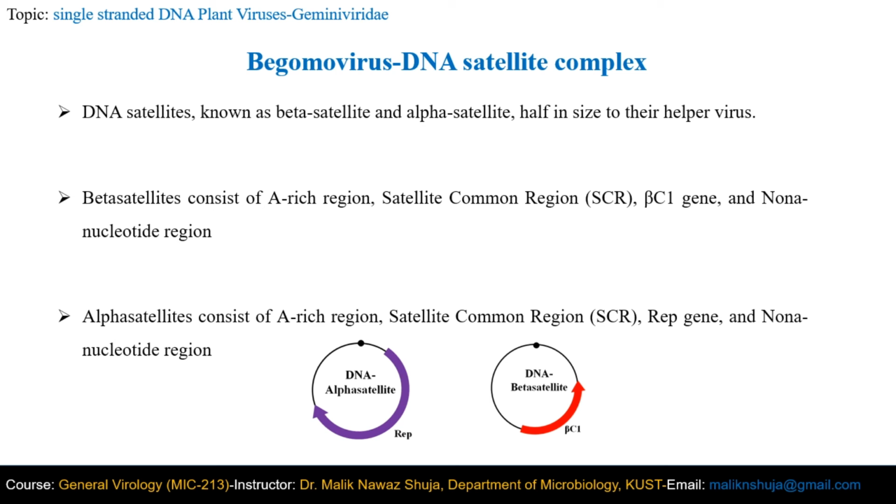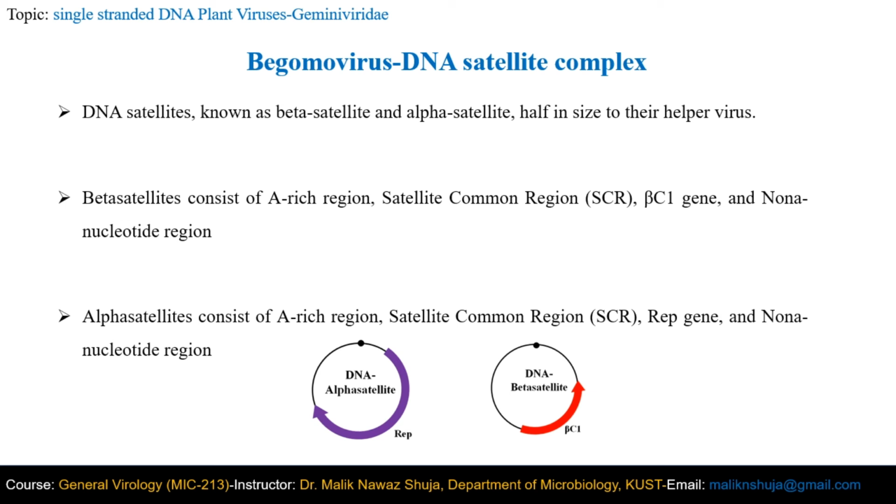If we are talking about the size of the satellites, the Begomovirus-associated satellites are mostly 1.2 to 1.4 kb in size, which is usually half of their helper virus size. There are 3 or 4 common features of each satellite.